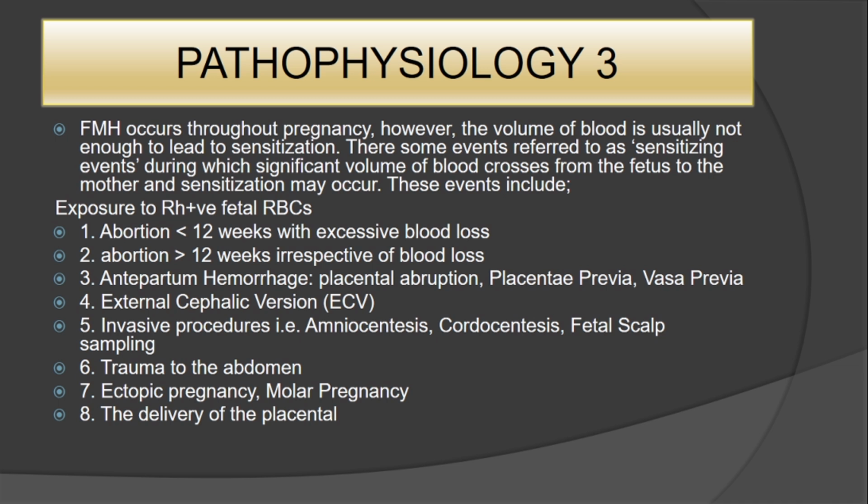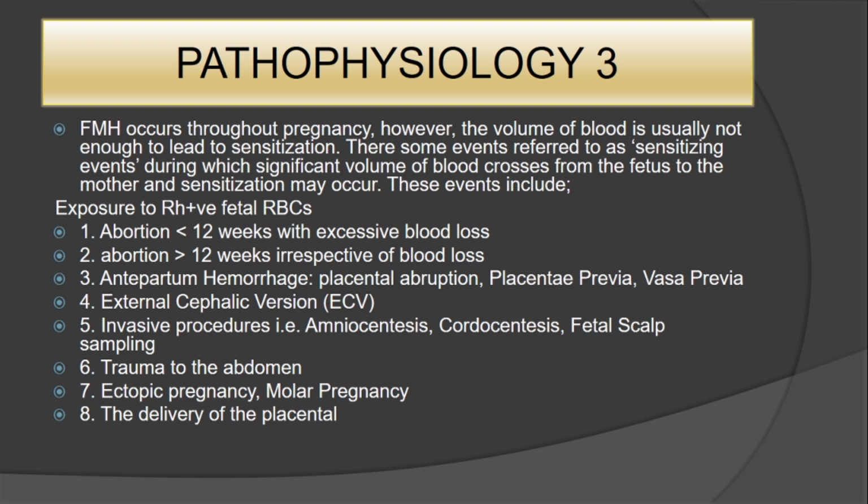Usually, anytime there is a problem with the placenta, an issue that leads to a breach in the placental membrane, then more blood will flow from the fetus to the mother.